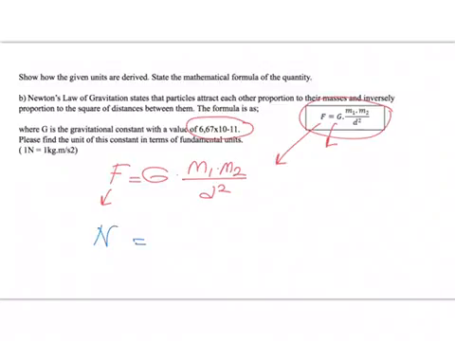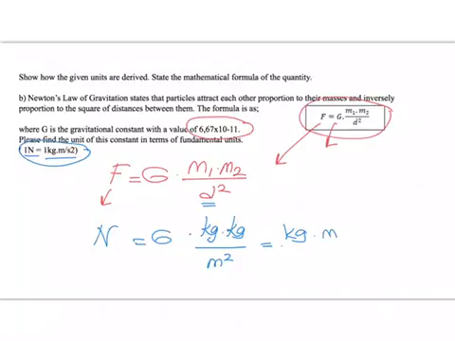I don't know the unit of G, so I'm going to write G. The unit of mass is kilogram times the unit of mass 2, which is again kilogram, over the unit of distance, which is meter, so I'm going to write meter square. Here it's given that 1 Newton is equal to 1 kilogram meter per second square, so I can write here kilogram meter per second square.